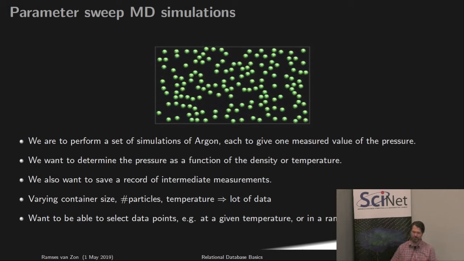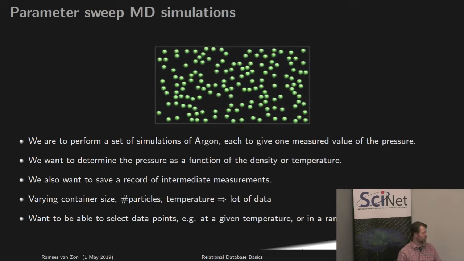So what are we supposed to do here? We're going to perform simulations of argon, and each of them will give a measured value of the pressure. So we set the density, we set the temperature, we get out the pressure. What we want is the pressure as a function of the density and the temperature.